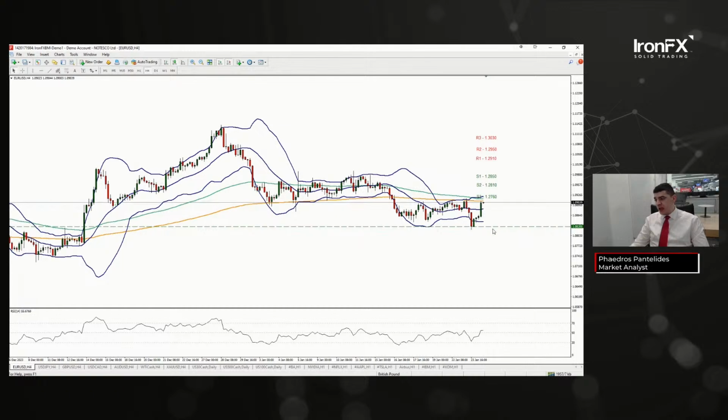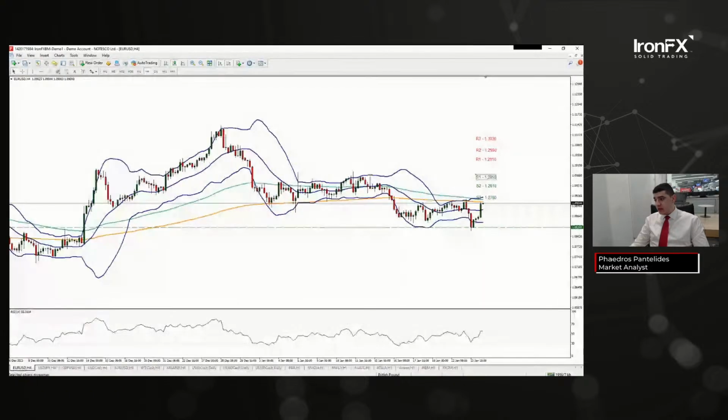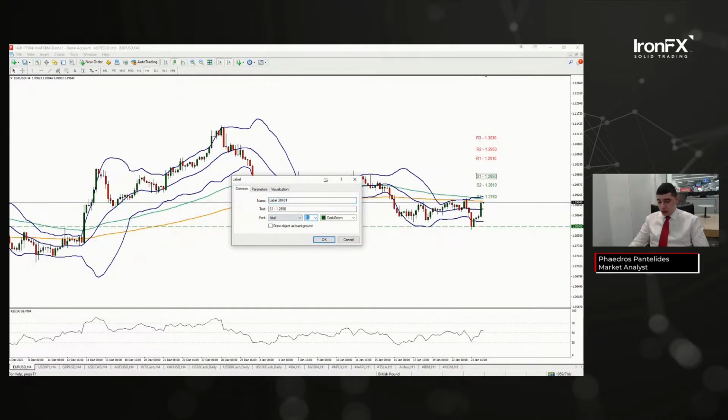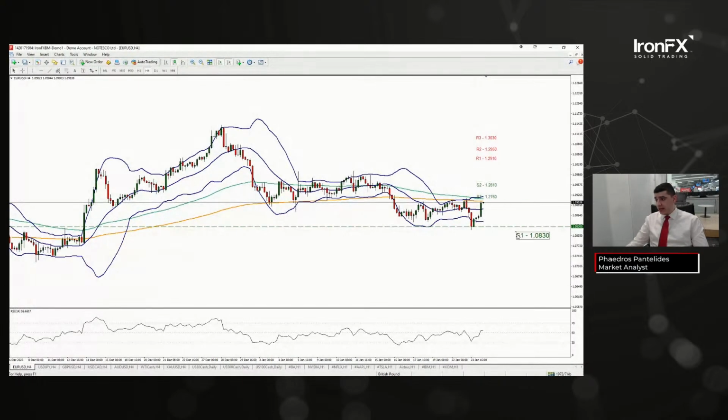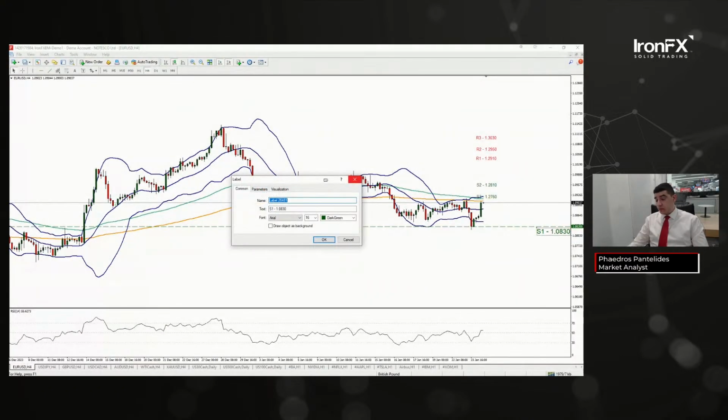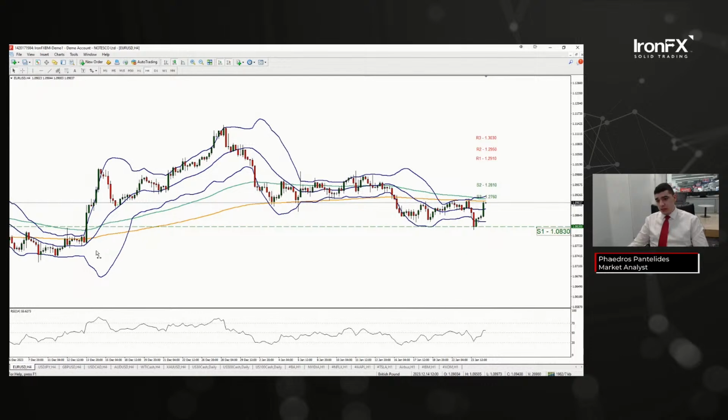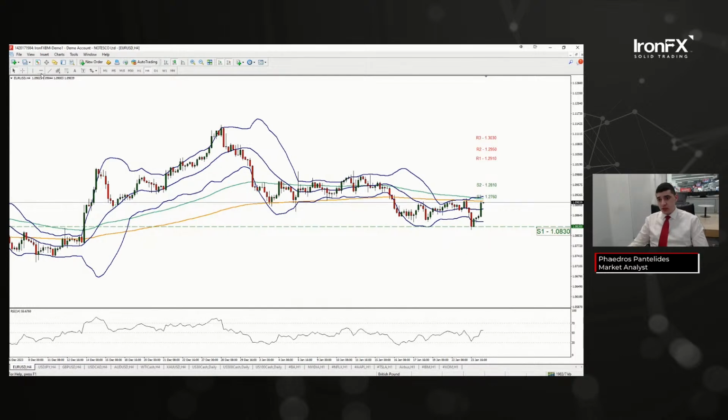And as such, you have S1 at 1.0830. Change our text label. 1.0830, that could be our S1. Then we could take S2 at this low.